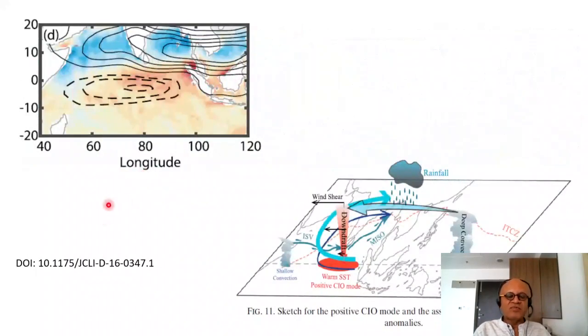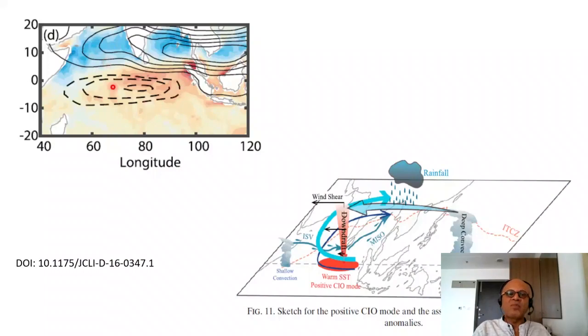This one from Zolay, which the group has produced several papers. I am on some of them, and their argument is that if you look at the coupled EOF of the intraseasonal sea surface temperatures and zonal winds, this is the kind of structure you get.